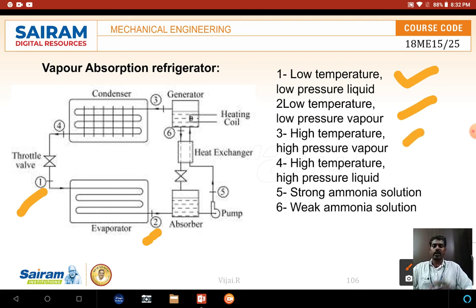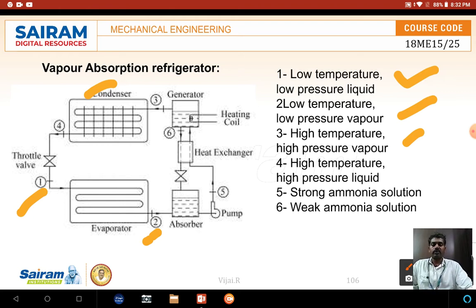This vapor gets into the condenser, and finally comes out again as a high pressure liquid. The same cycle keeps repeating, and the changes happen with the help of the absorber and generator. That's what we are going to see here.